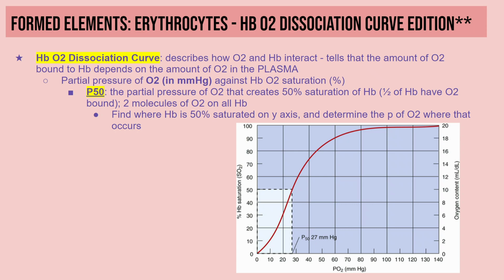On the y-axis, you have the hemoglobin saturation. P50 is looking for 50% saturation, or in other words, when half of the iron groups are bound to oxygen. So 2 out of the 4 iron groups would have an oxygen bound at P50.